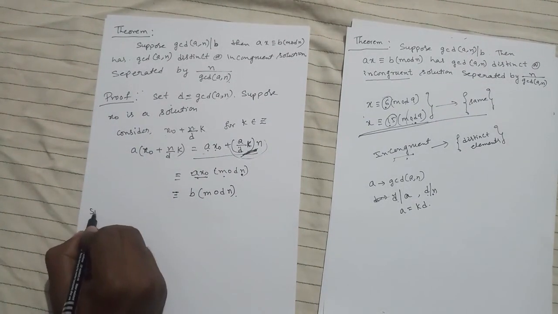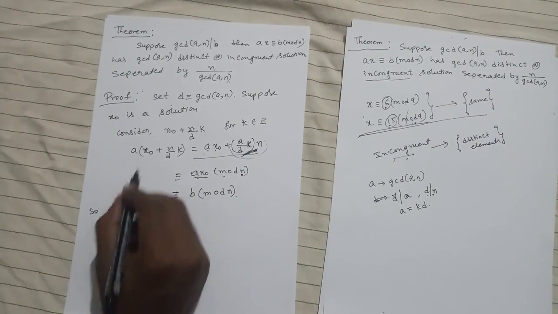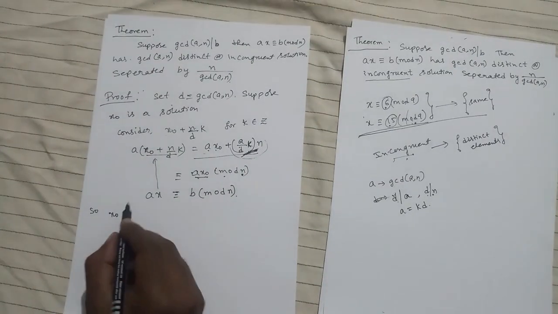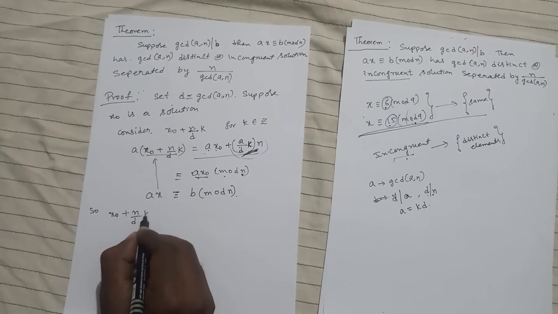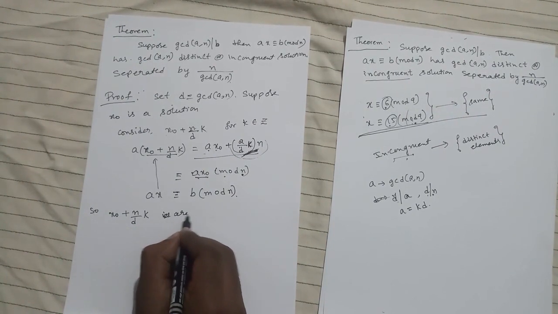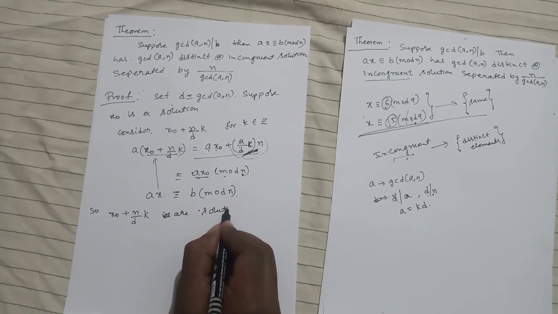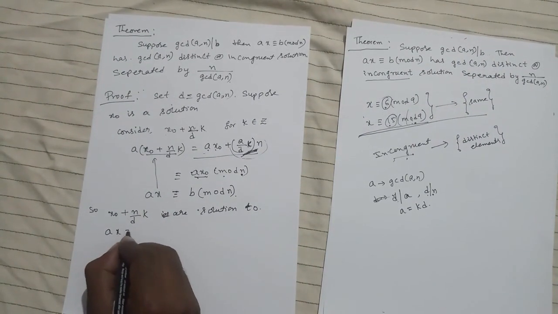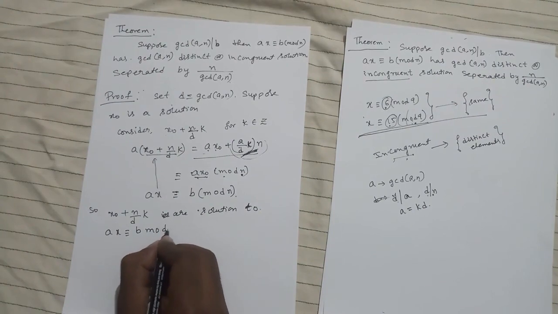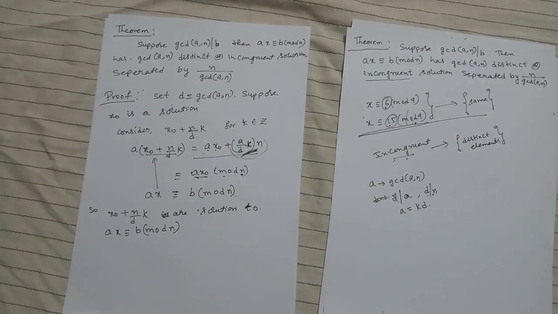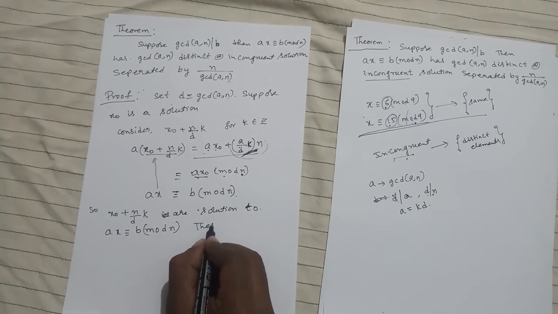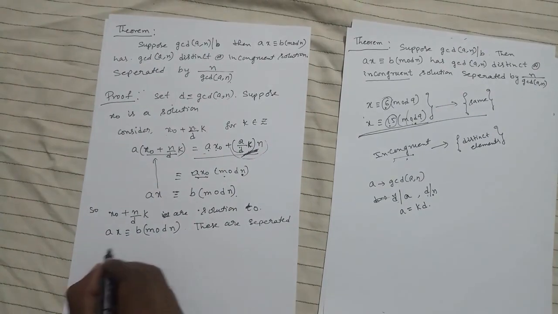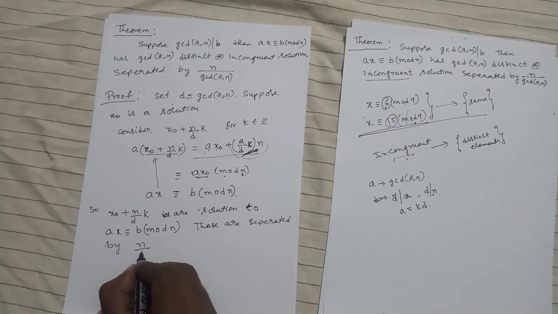So x means this element: x naught plus n divided by d into k, or solution to ax is congruent to b mod n. So these are separated by n divides d.